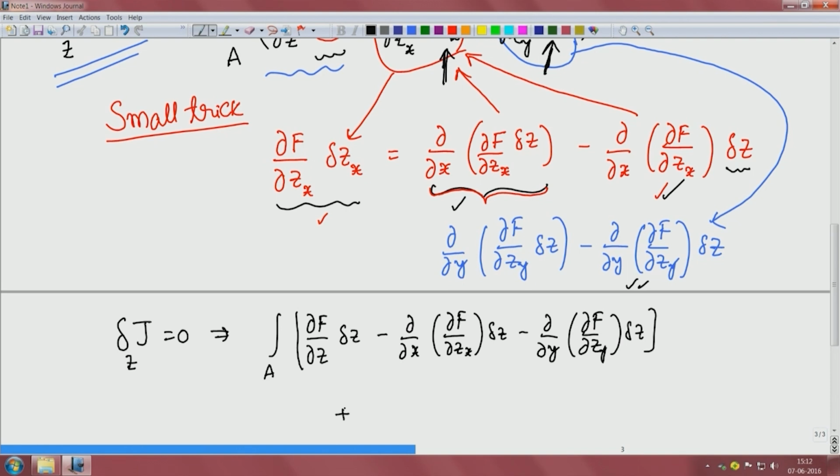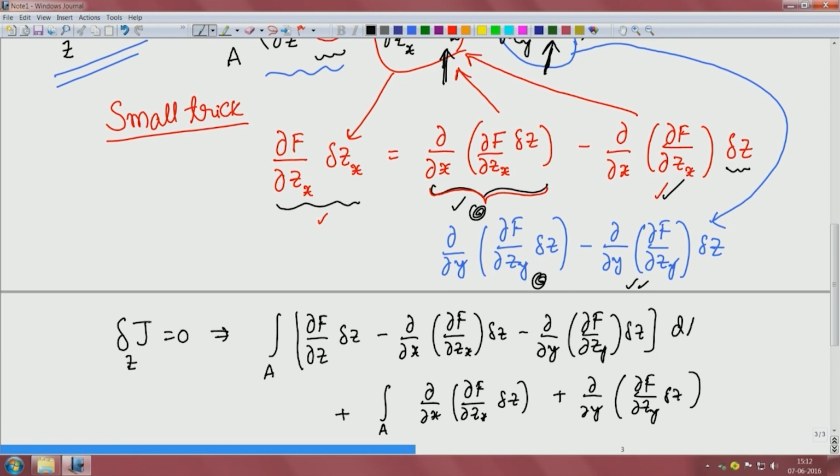On the other part, we have this quantity and this quantity. I will write them separately. Okay. So, what I have there is dou by dou x of dou f by dou z x delta z plus dou by dou y of dou f by dou z y delta z.